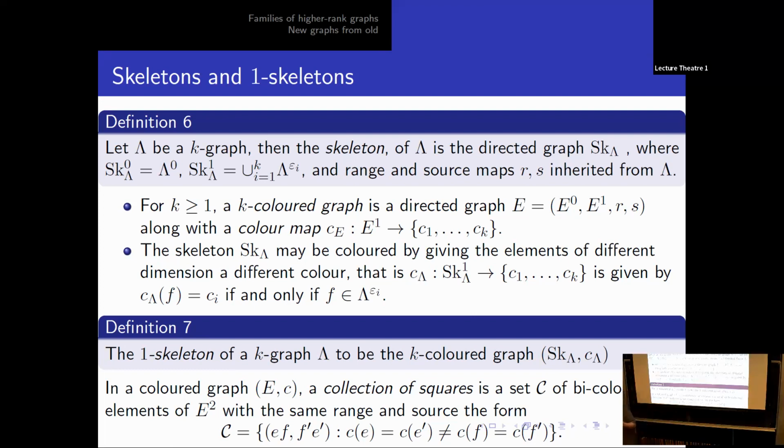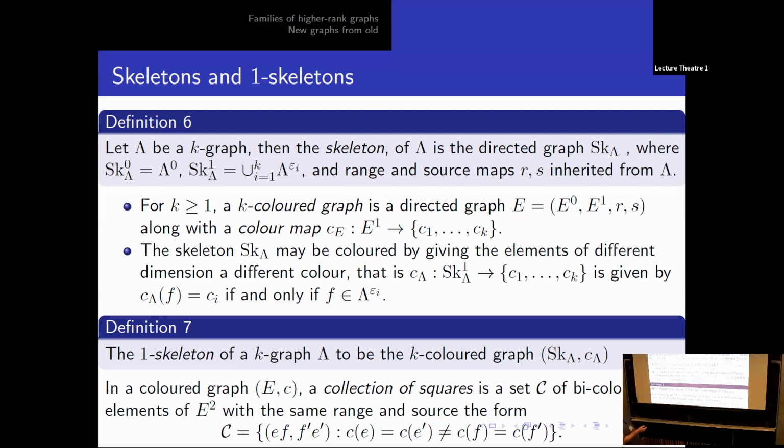And anyone who looks at k-graph literature will quite often see pictures of colored graphs and perhaps wonder what on earth they're doing. What they're doing is giving you a visual way of looking at a k-graph and getting a feeling for its structure in a very compact and informative way.